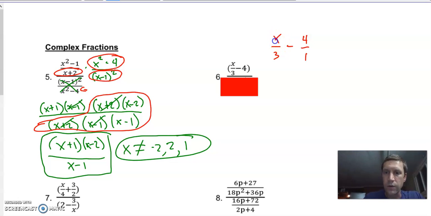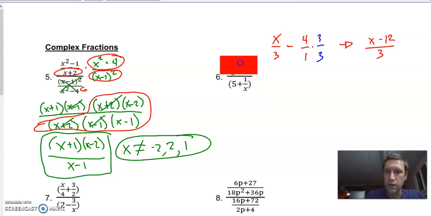So x over 3 minus 4 over 1. I need to multiply this by 3 over 3 to have that common denominator of 3. So it really becomes x minus 12 over 3. Now it's one fraction. Let's take a look at the bottom as well: 5 plus 1 over x.